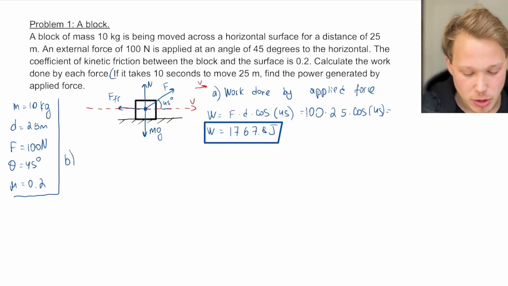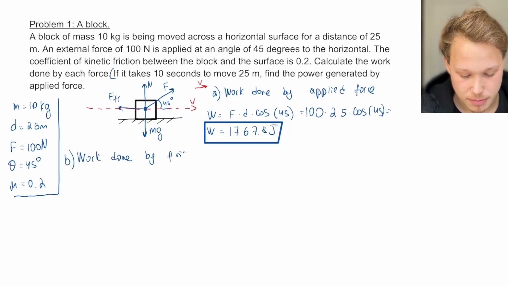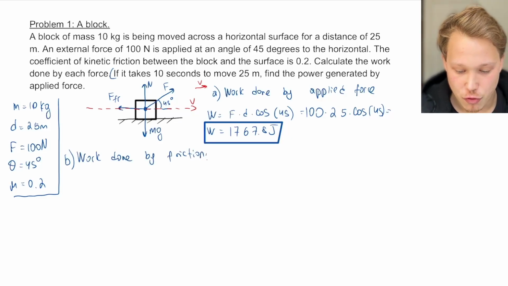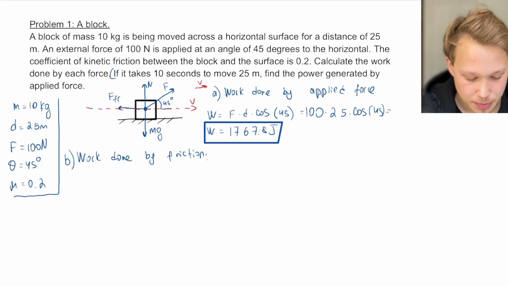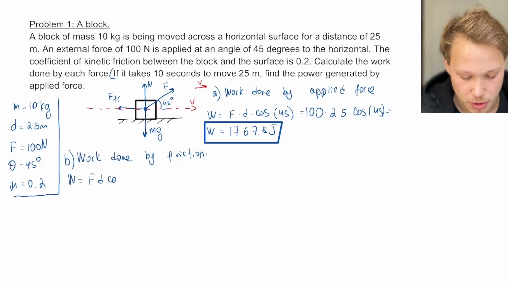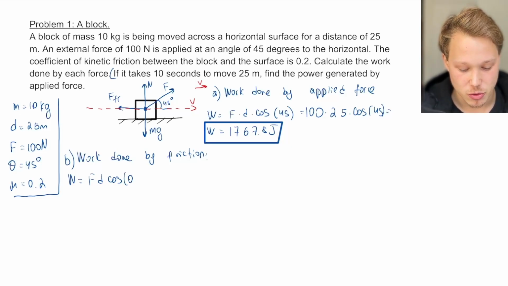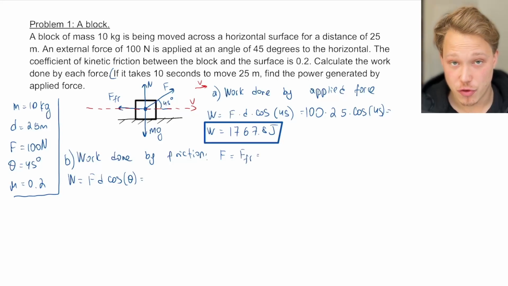Okay, now let's calculate work done by friction. First of all, again, let's start with our generic formula, force times distance times cosine of the angle between them. The force is the force of friction.